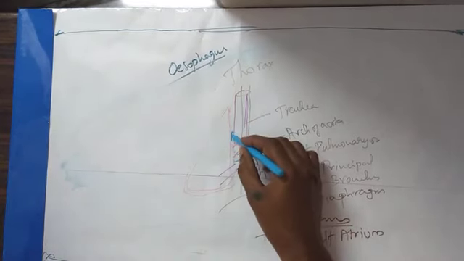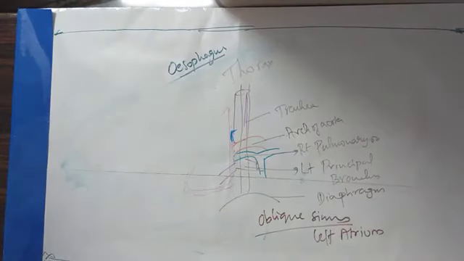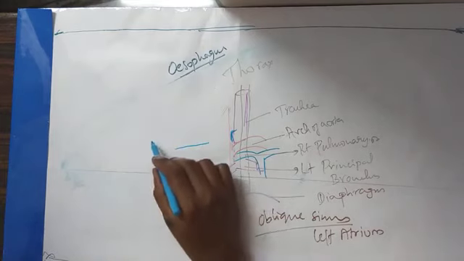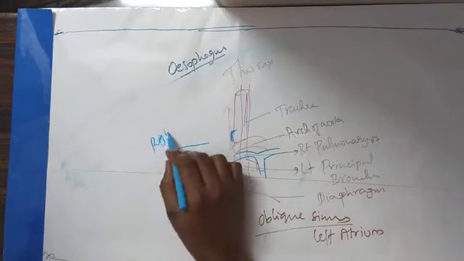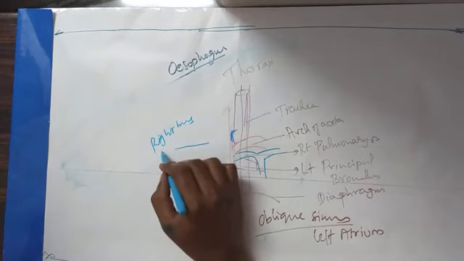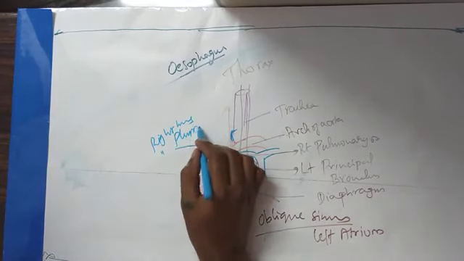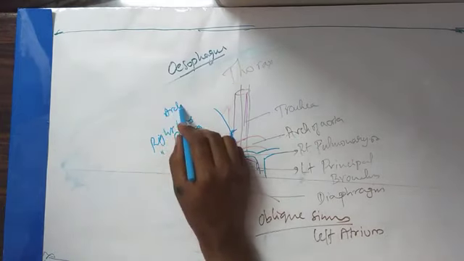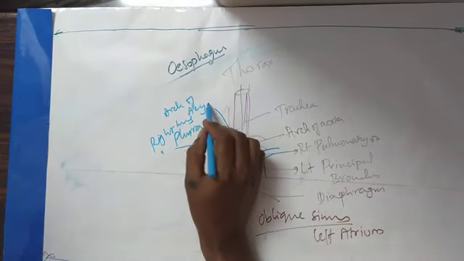Then it's forming an arch on this. So what is that arch? That is your arch of azygos. So what are the relations of the right side? Your right lung, right pleura, and arch of azygos.